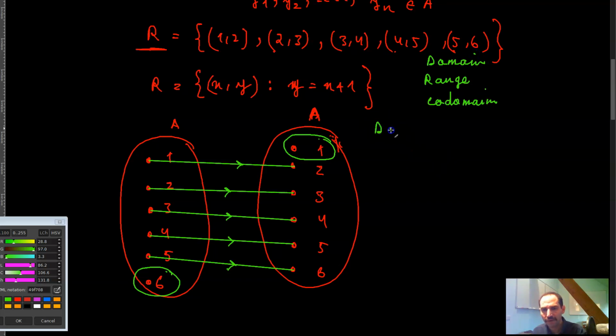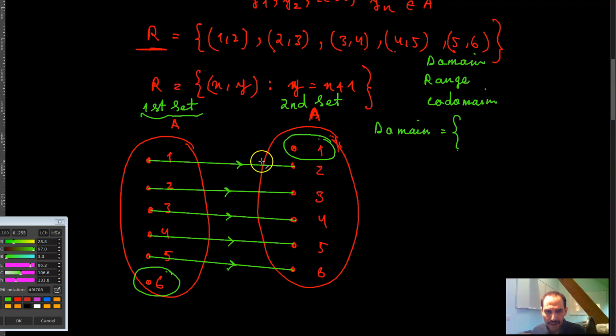Now the domain of R is a set of elements, which is all of the elements that are part of the relation, that take part in the relation and are elements of the set A, or you could say the first set. This is just a loose way of talking about things, but just to have a way to talk about the sets, I would call this the first set, and this is the second set, right?